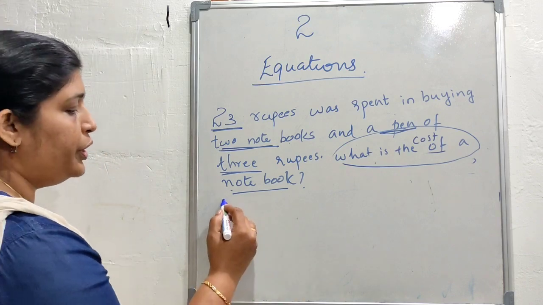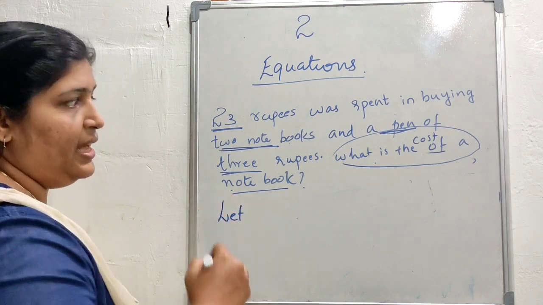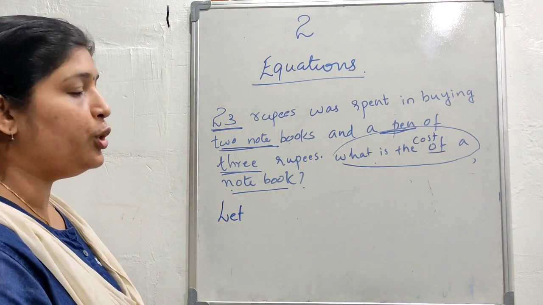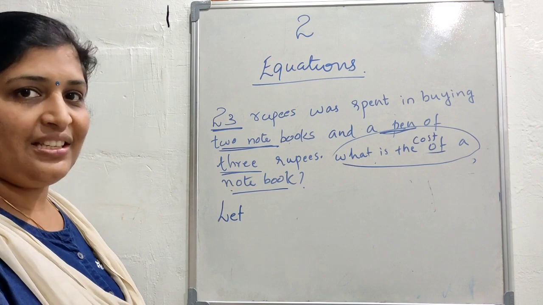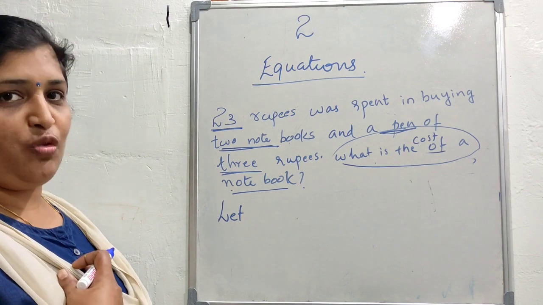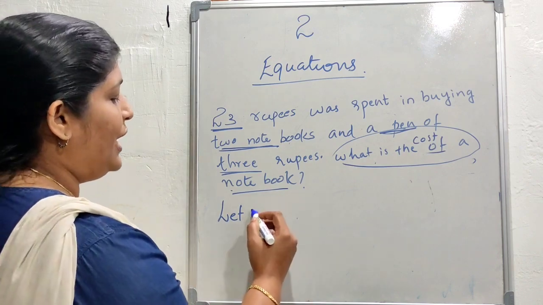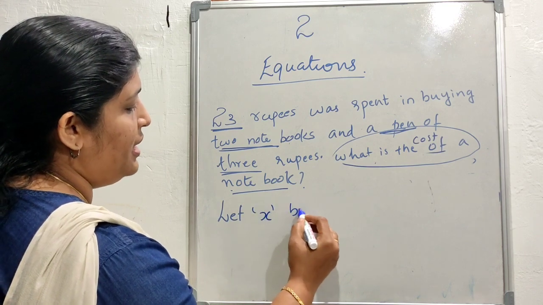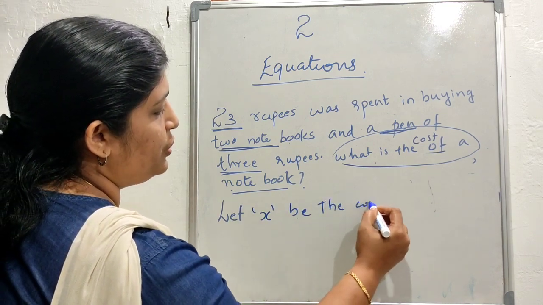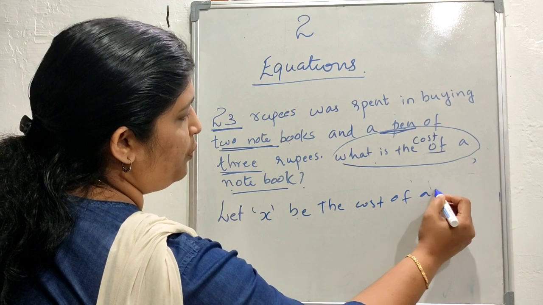So here I am going to take the cost of a notebook to be X. That is my favorite variable. So let X be the cost of a notebook.